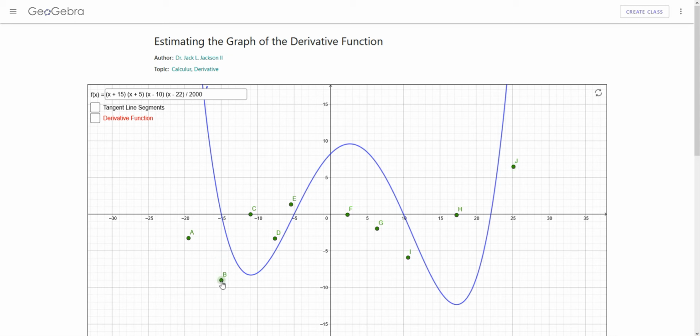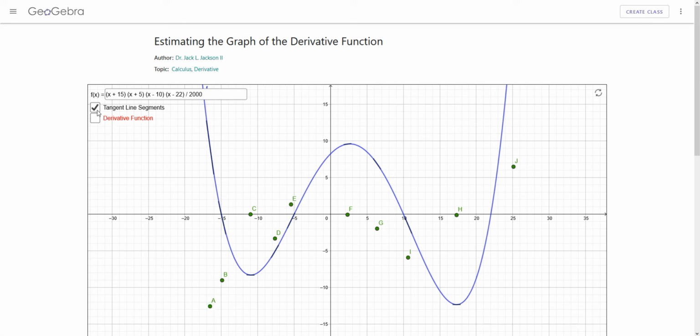So the derivative is around -9-ish, somewhere in there. And we could do this for different points. It's dropping even faster here, so it's going to be even lower. Notice that this part of the graph is concave up, so the derivative should be increasing here.